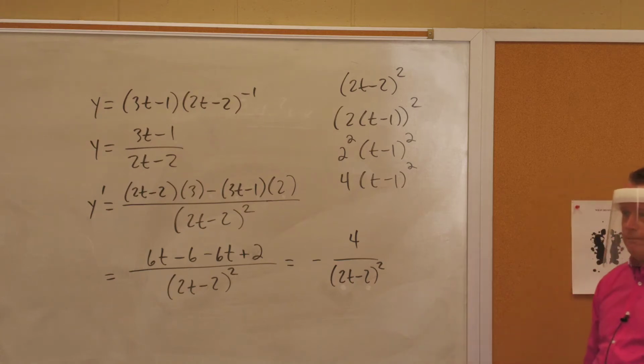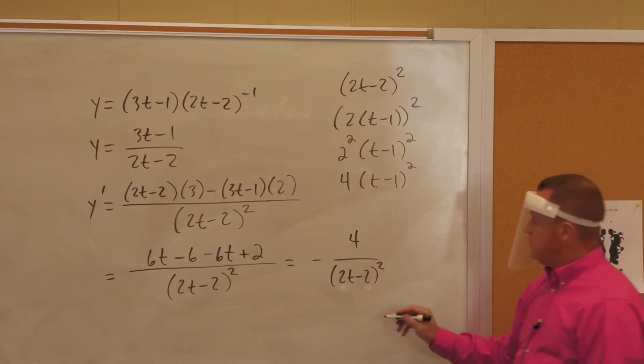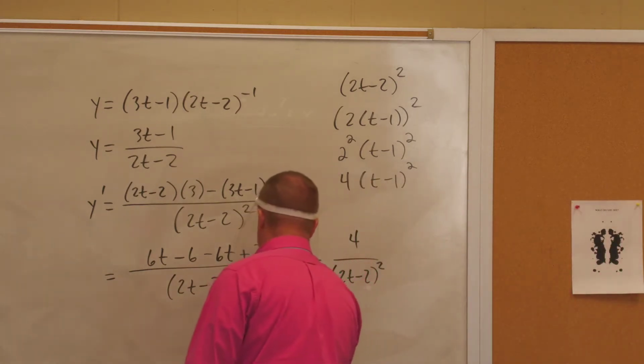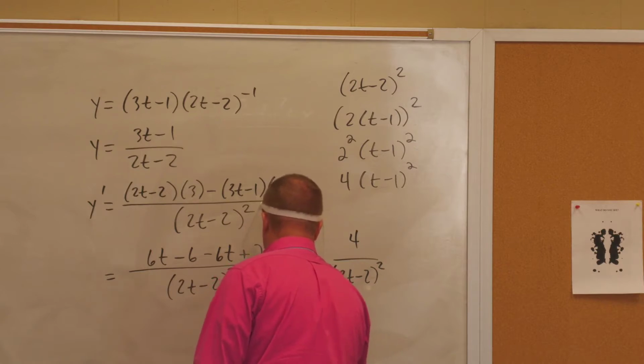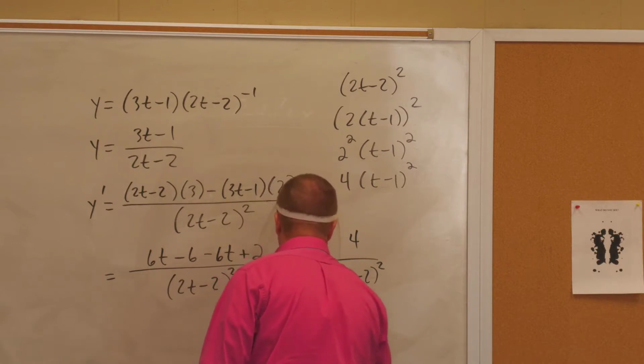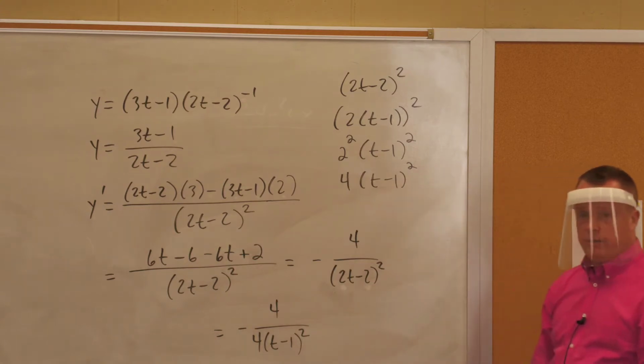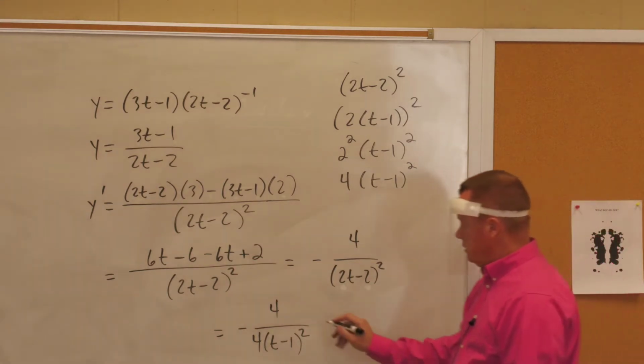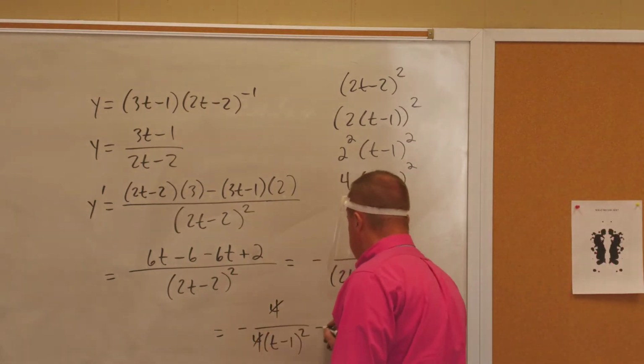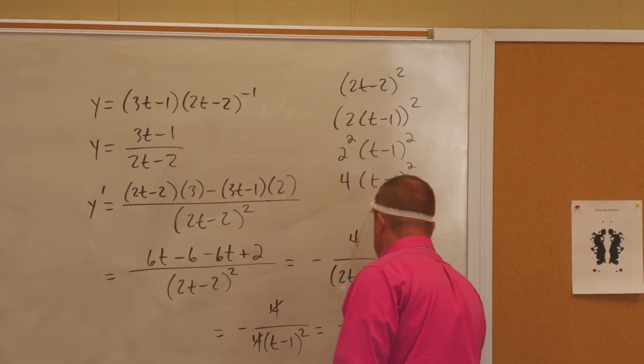Everybody follow that? So this is the same thing as negative 4 over 4 times t minus 1 squared. And then what can I do with the 4's then? Divide those out. So negative 1 over t minus 1 squared.